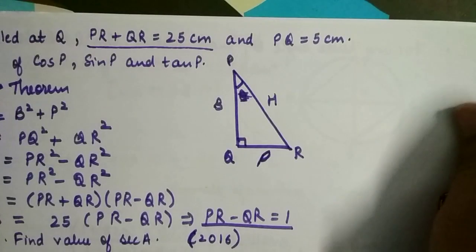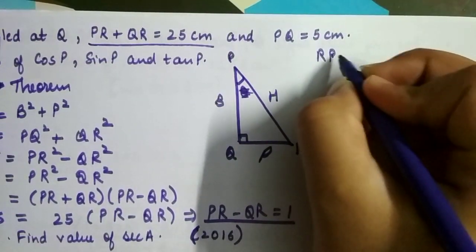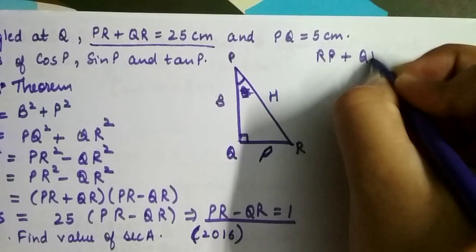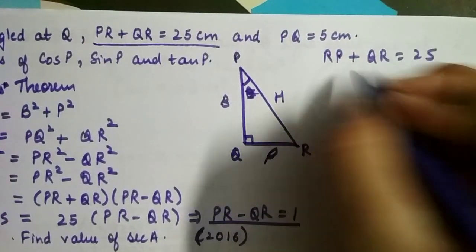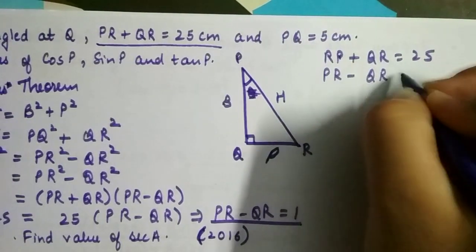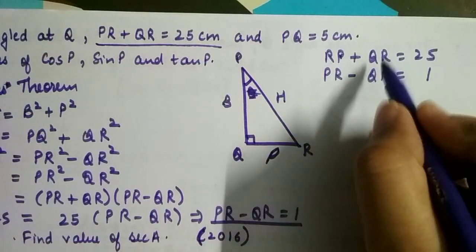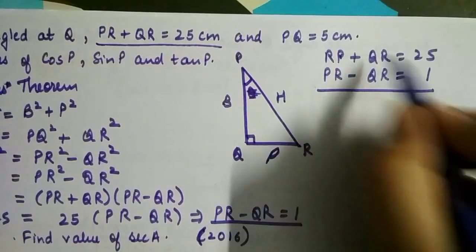So let us see, we have two equations, PR plus QR is equal to 25 and PR minus QR is equal to 1. You can use elimination method to solve it.